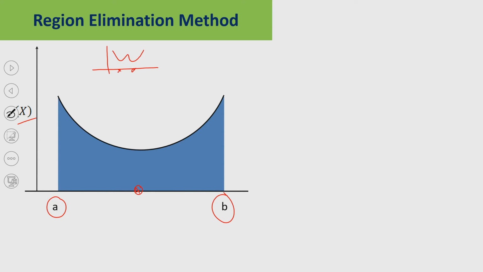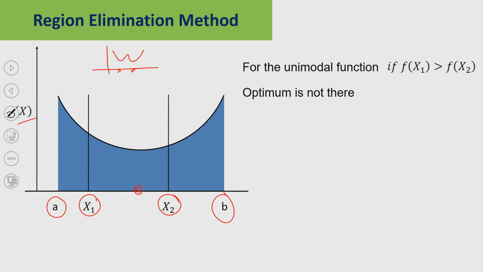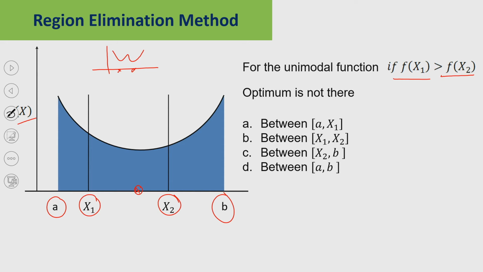So, this is a unimodal function, and now for this particular function f(x), if I take 2 points x1 and x2, and for the unimodal function, if f(x1) is greater than f(x2), these are the options.